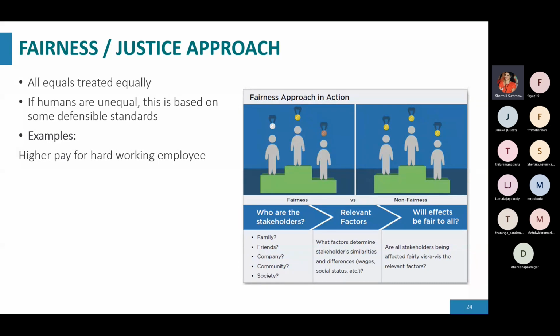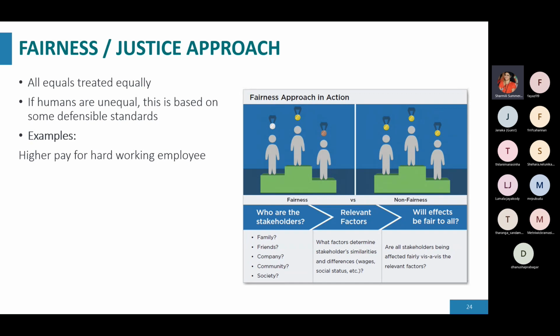But one difference is, if humans are unequal, then based on some defensible standard, we can treat them unequally. For example, when we talk about a company, all the employees are working. The pay for all the employees normally could be similar.